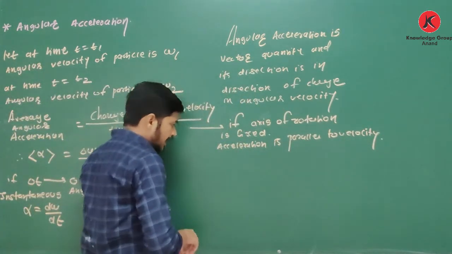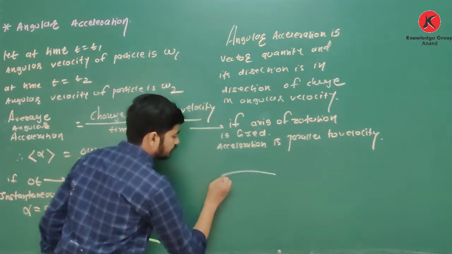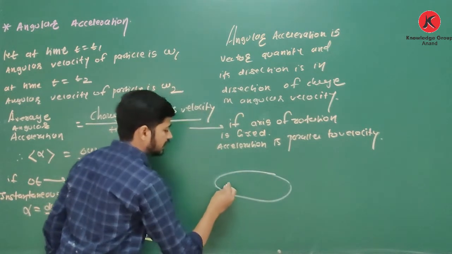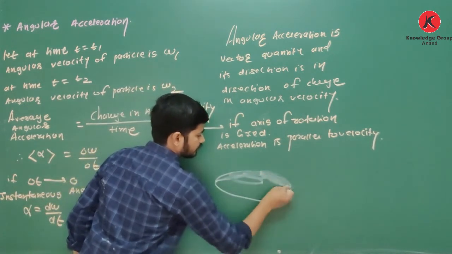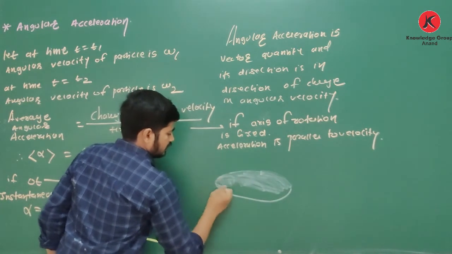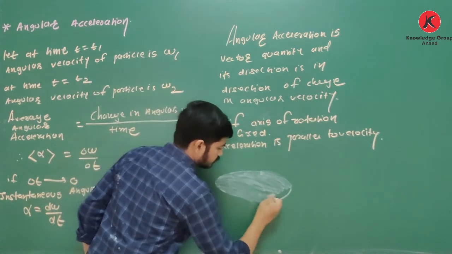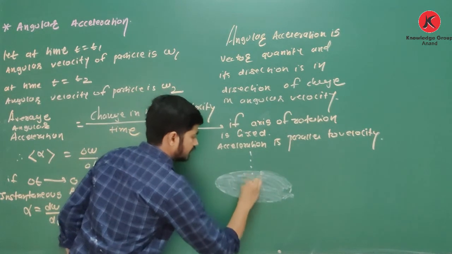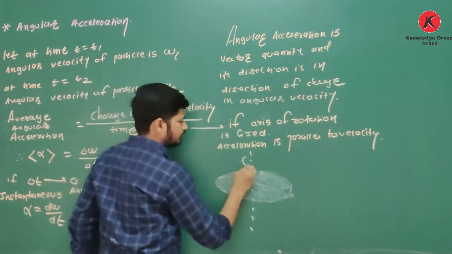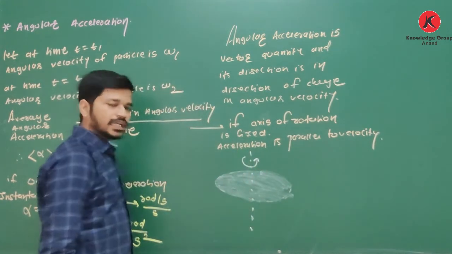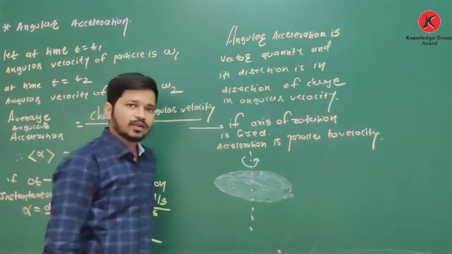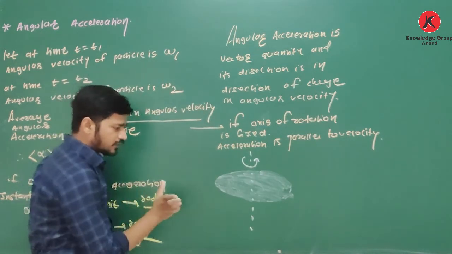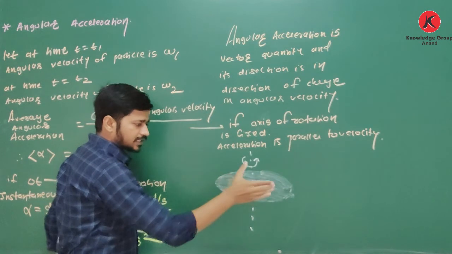For example, if we have one object like this, one disk like this, and it is rotating in this direction. Okay, then again, how to find direction of angular velocity? Object is rotating like this.